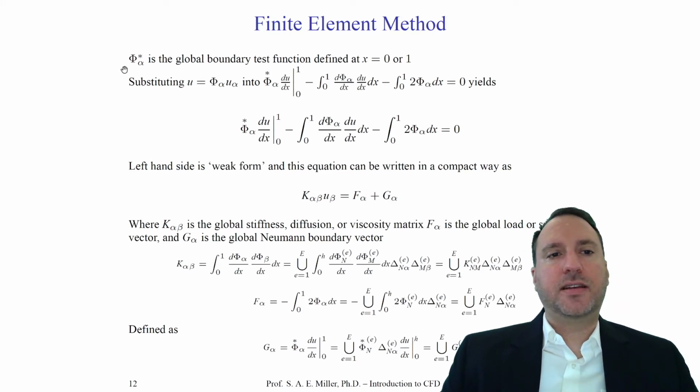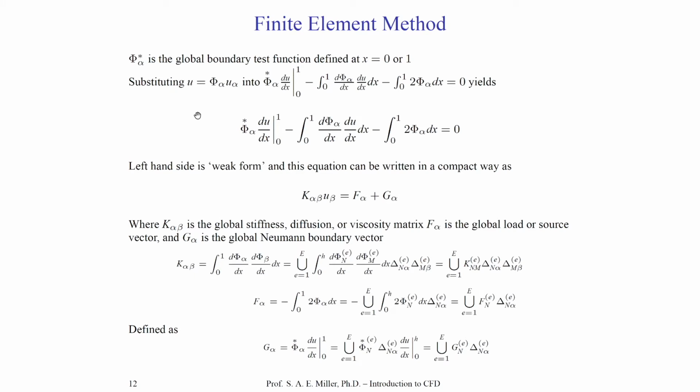So that is indicated by the superscript star quantity and is defined at x equals 0 or 1, the boundaries of the domain. If we substitute u equals phi alpha u alpha, which is how we're projecting and defining the weak solution, recall, way back in the beginning of this derivation, into our integration by parts, we'll find the following equation here.